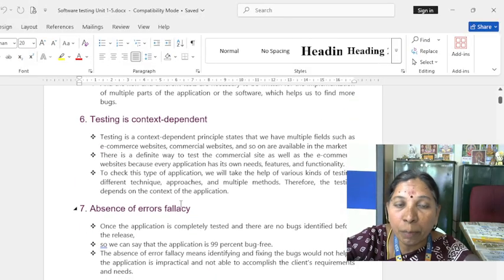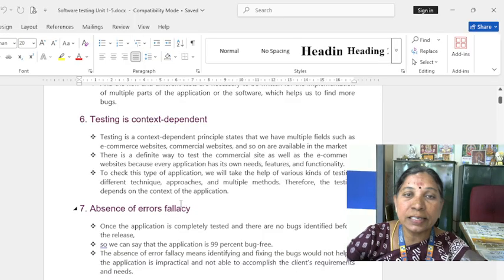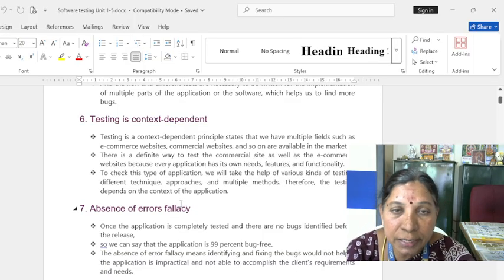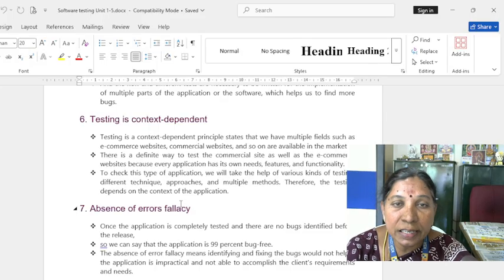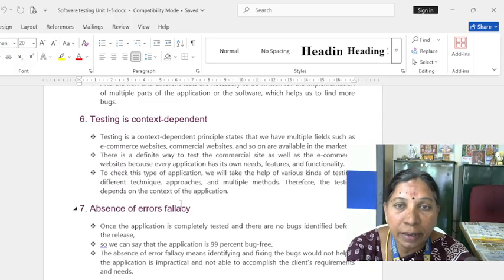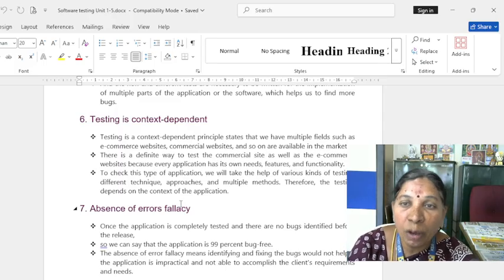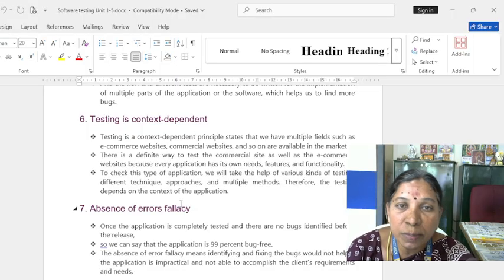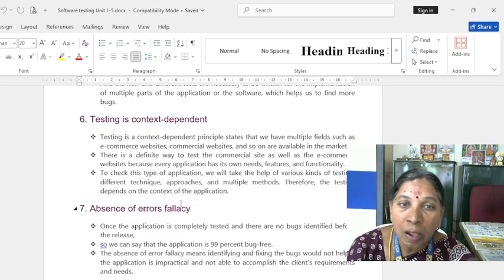Okay, the next important thing is testing is context dependent. It means testing is applied according to the nature of the project or application. Testing is a context dependent principle. It states that we have multiple fields such as e-commerce websites, commercial websites and so on available in the market.